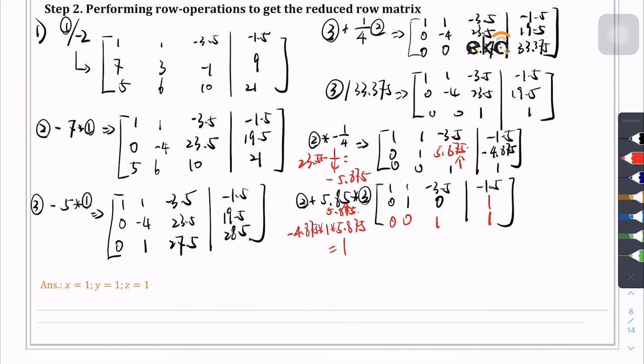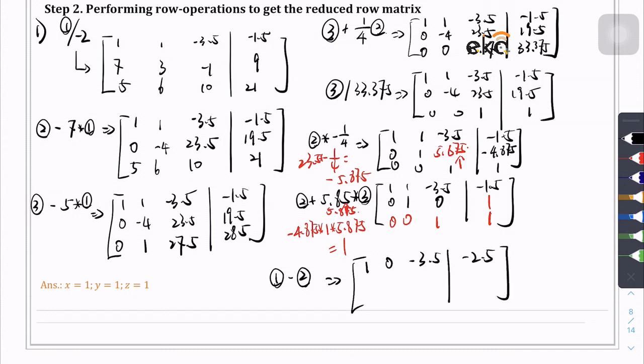Continue. The next step is the first row minus the second row, which gives us 1, 0, -3.5, -2.5, 0, 1, 0, 1, 0, 0, 1, 1.